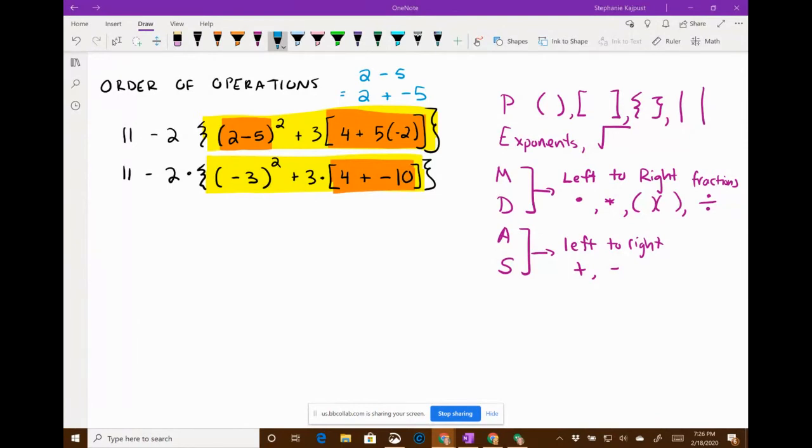So with what I've got here, the next step is, before I do the -3 with the exponent, we need to still simplify what's in orange, the 4 plus -10 that I have there. So I'm going to copy down everything else right now.